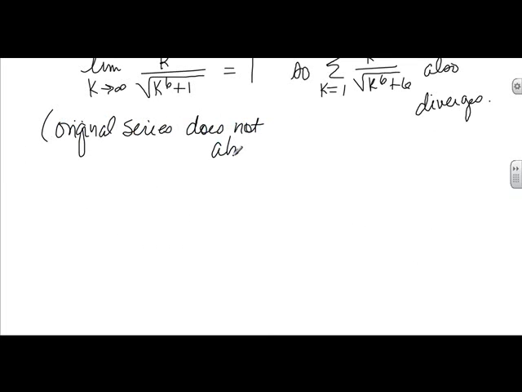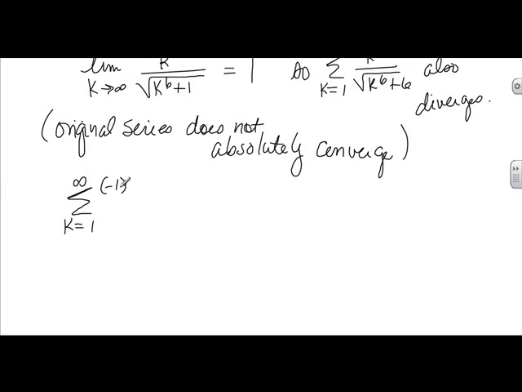We can still check for conditional convergence. So going back to the original series, it's an alternating series. So I'm going to apply the alternating series test to this.